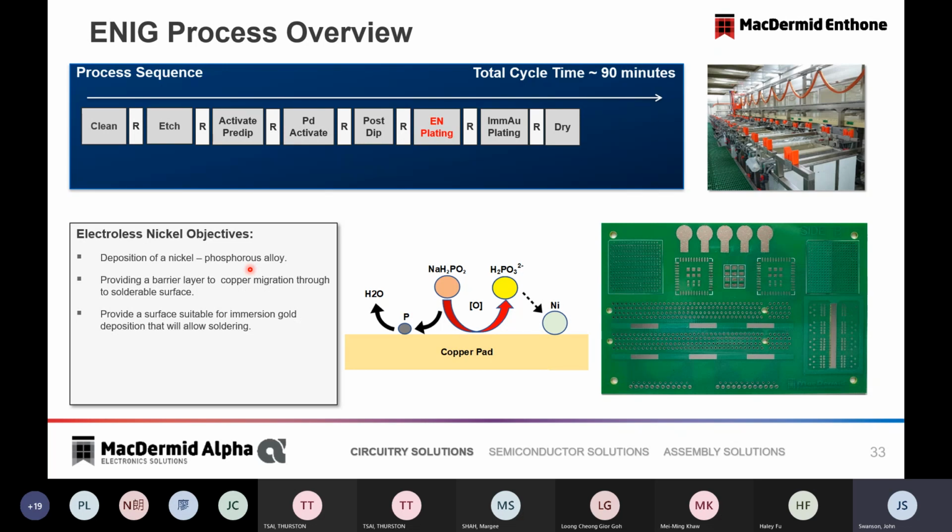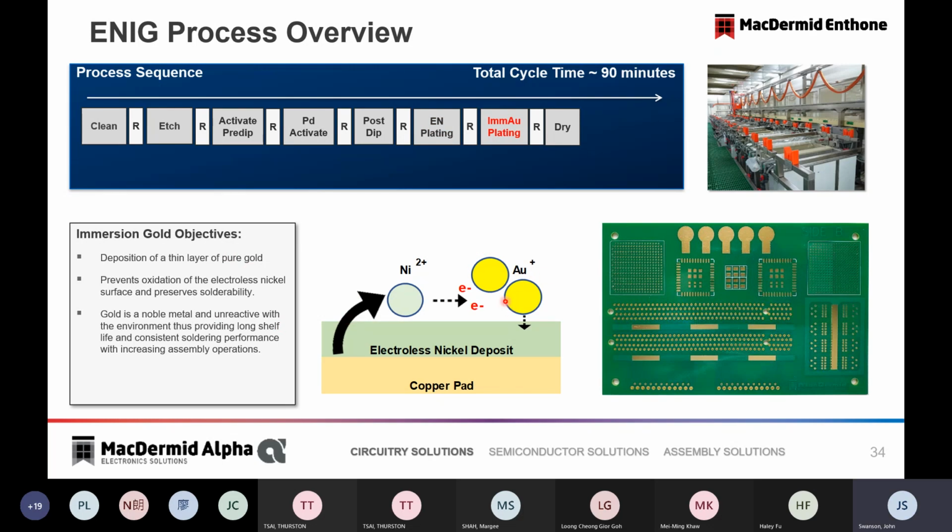The higher the phosphorus level generally, the more challenging it is to put down the subsequent gold deposit. In the electronics industry, we do see a range, depending on the application, of EN electroless nickel from 5, 6, up to 12%.